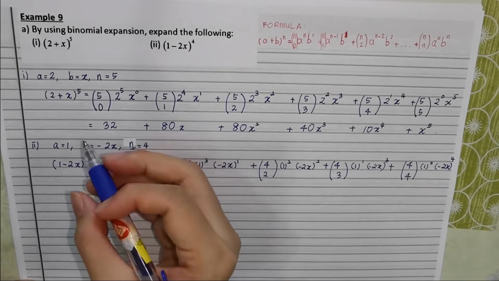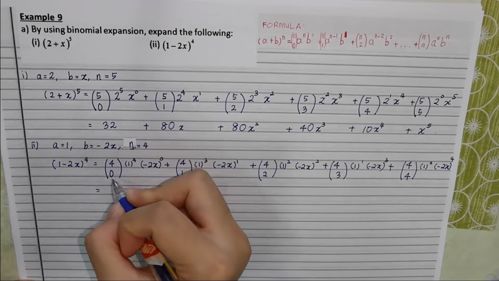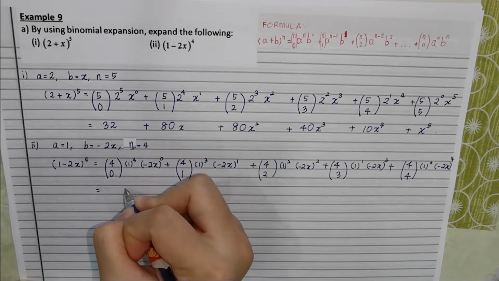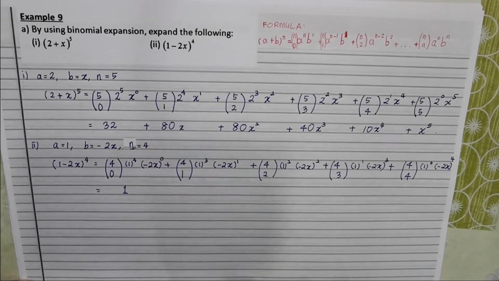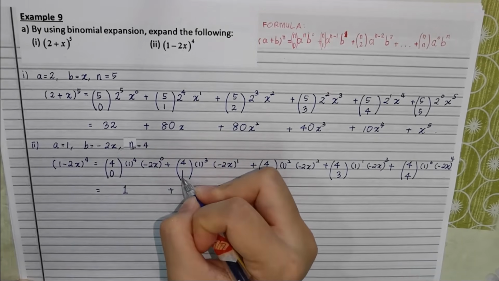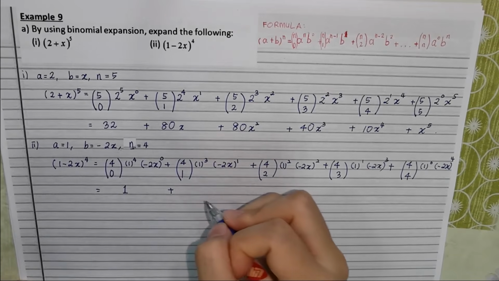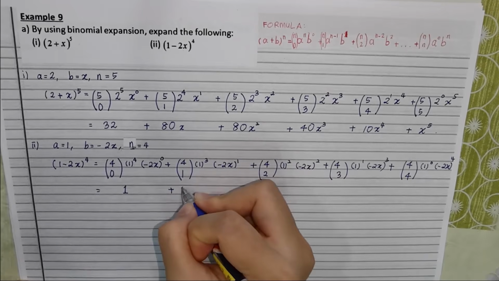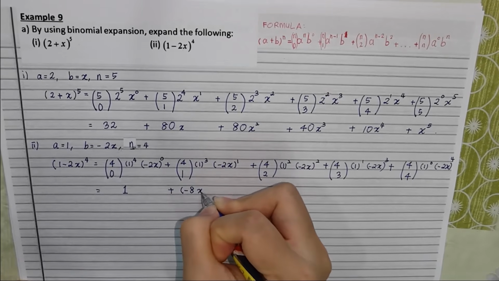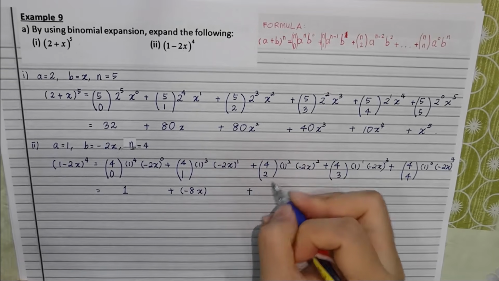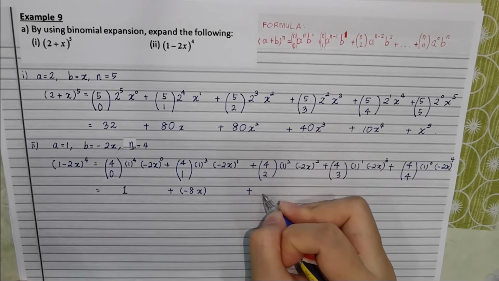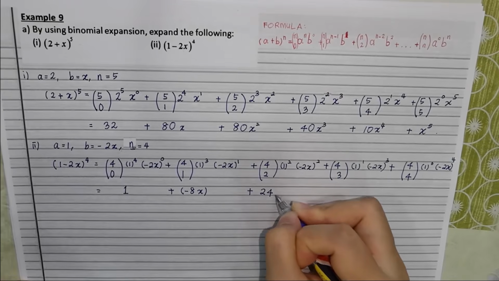Then just press your calculator. 4C0 is 1 times 1 times 1, so we get 1 as the first term. 4C1 is 4 times negative 2, so we get negative 8x.